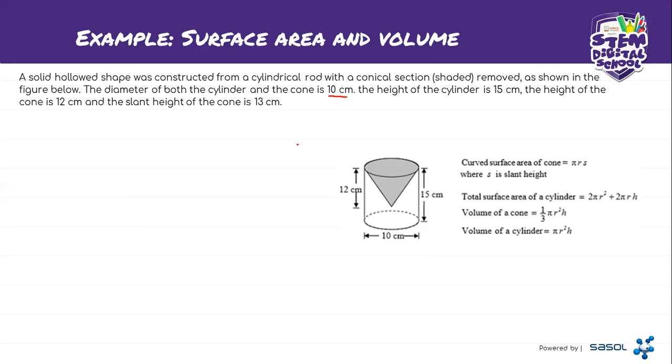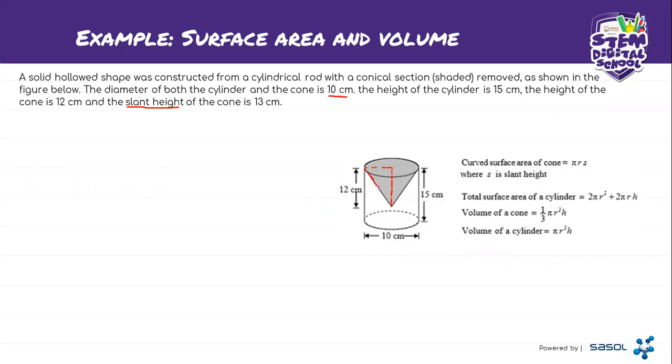I want to believe that you still remember the meaning of this slant height of your cone. I can just make an example here. For instance, if we have a perpendicular line like this one here, and we know from this point up there is 12 centimeter, and then the slant height that we are referring to is this side here.